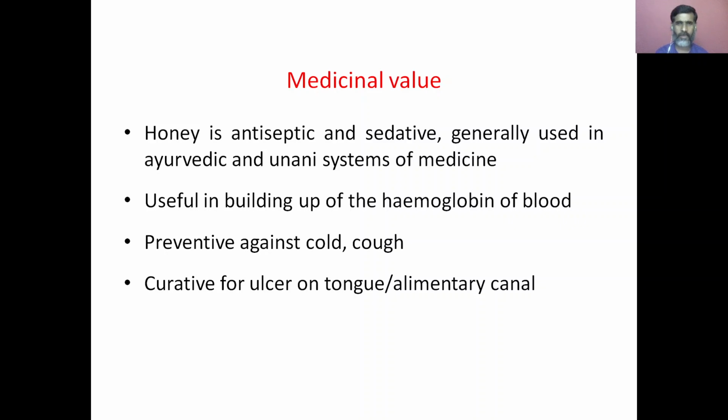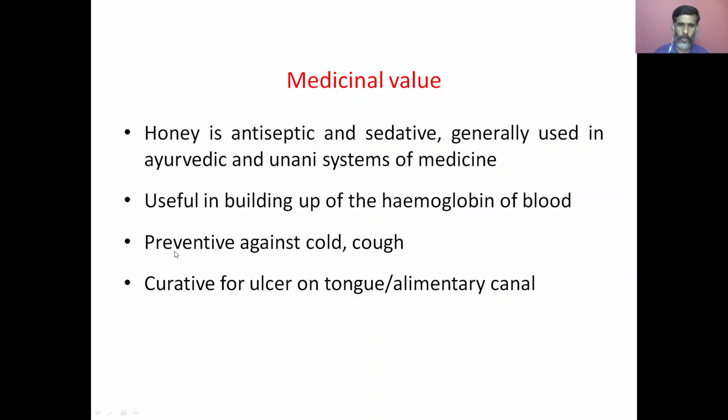Then when it comes to the medical values, honey is known for its antiseptic and sedative properties, generally used in the Ayurvedic and Unani systems of medicine. It is useful in building up hemoglobin in the blood.